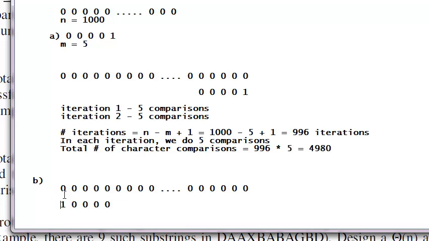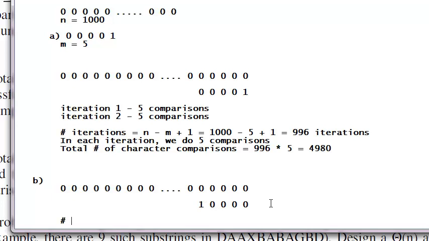So in each iteration we really do one comparison, the first character with the first character, and they don't match, so just move on. 0 with 1, don't match, move on. You do that all the way till the end, where you compare 0 with 1, they don't match, so we don't do any of the rest of the comparisons in that iteration.